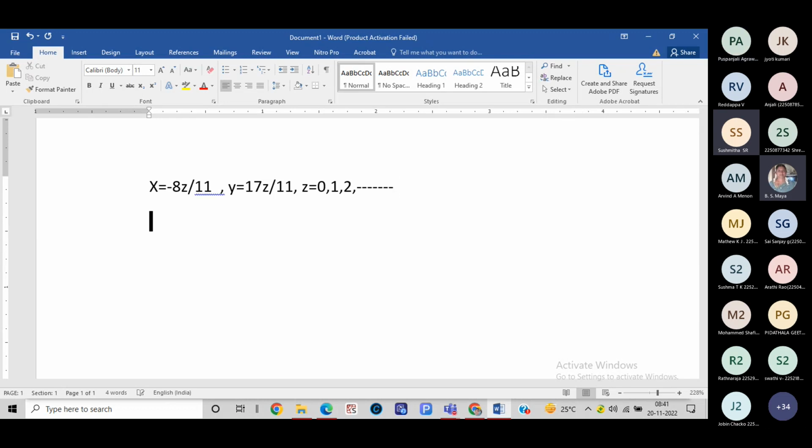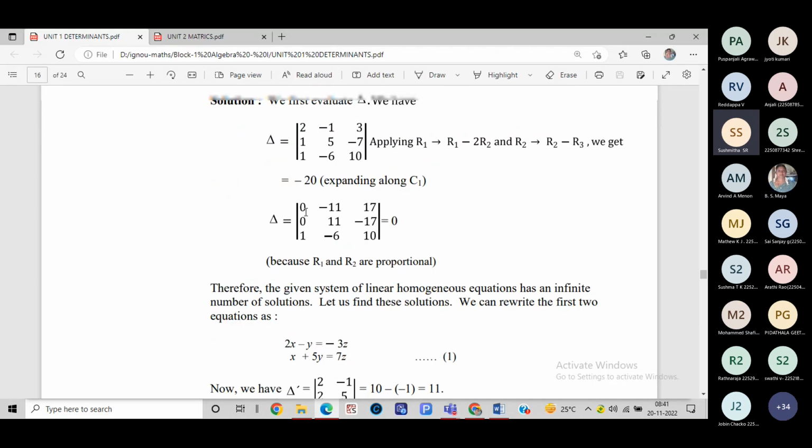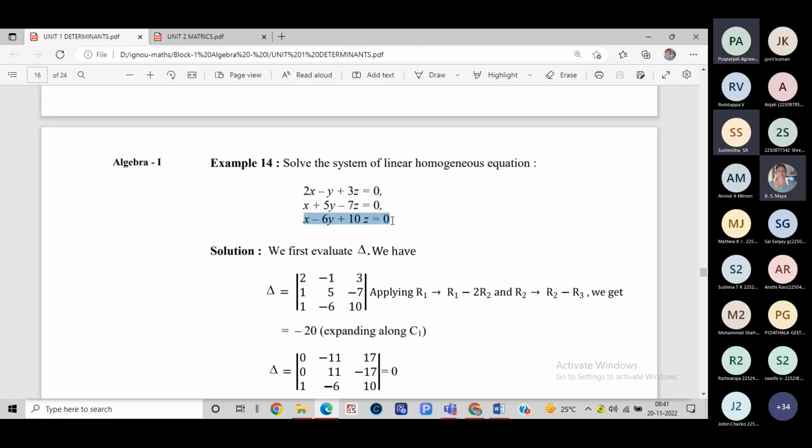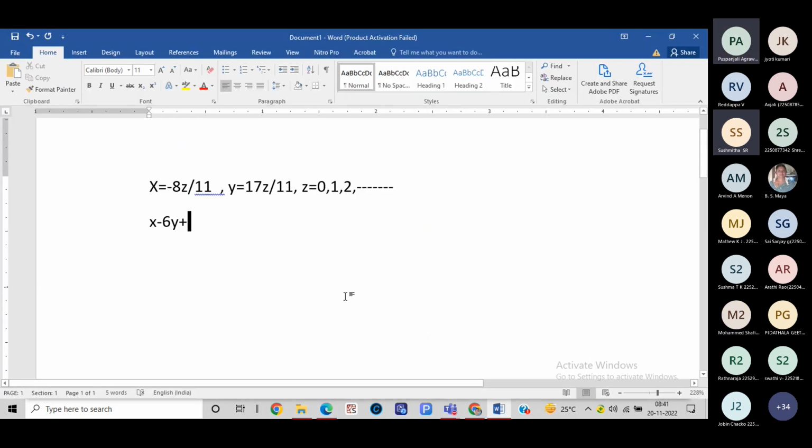So for an infinite number of z values, you will get x and y. Now, whatever x, y and z I have found, is it correct or not? I am going to cross verify with the third equation, x minus 6y plus 10z is equal to 0.